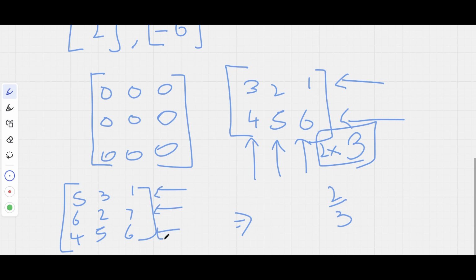There are three rows, and 3 into the number of columns: first column, second column, and third column. This is a 3 by 3 matrix. In a square matrix, the number of rows is equal to the number of columns. Then it is called a square matrix, where I is equal to J.